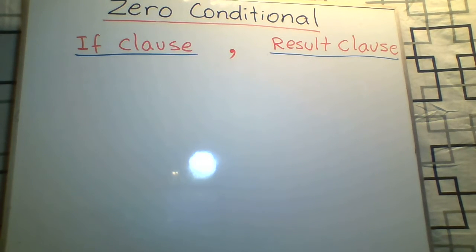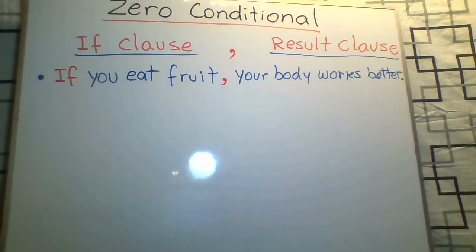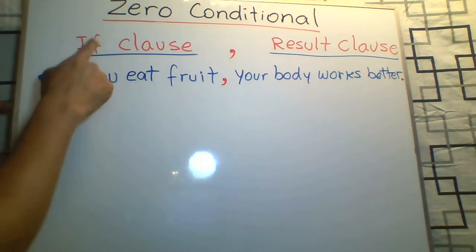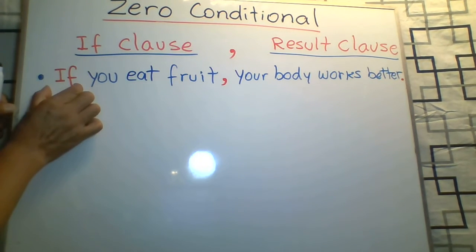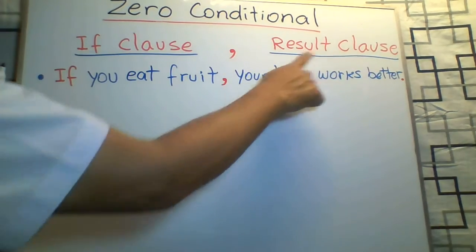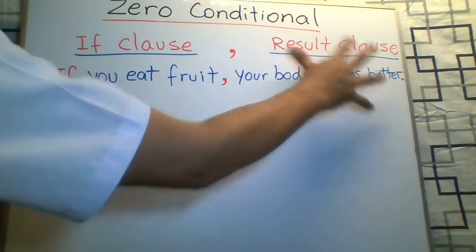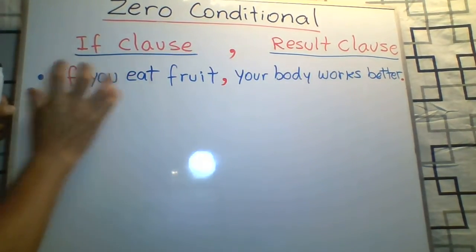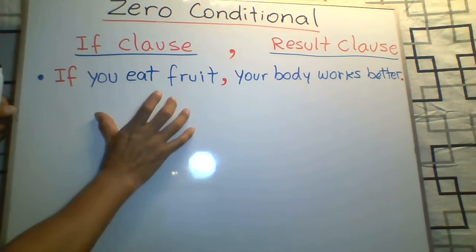Look at the example. If you eat fruit, your body works better. Notice this, the two parts. In the first part, the if clause, you can see the word if. And in the result clause, you have the answer or the effect of this action, this situation.